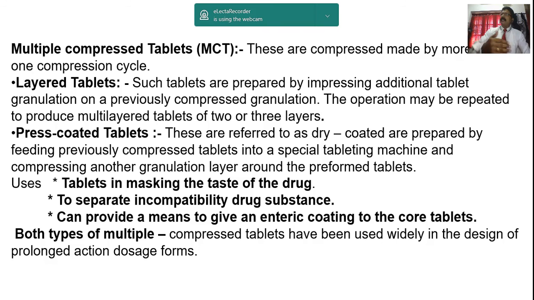Layered, there will be one layer, two layers, three layers. That means, for example, two incompatible components. If you want to make a tablet, it is possible for the pharmacist to prepare one tablet first and then keep one polymer, and then another tablet can be compressed over, so that three layers will be there. One will be separated from the other, and both the drugs can be swallowed by the patient within one dose.